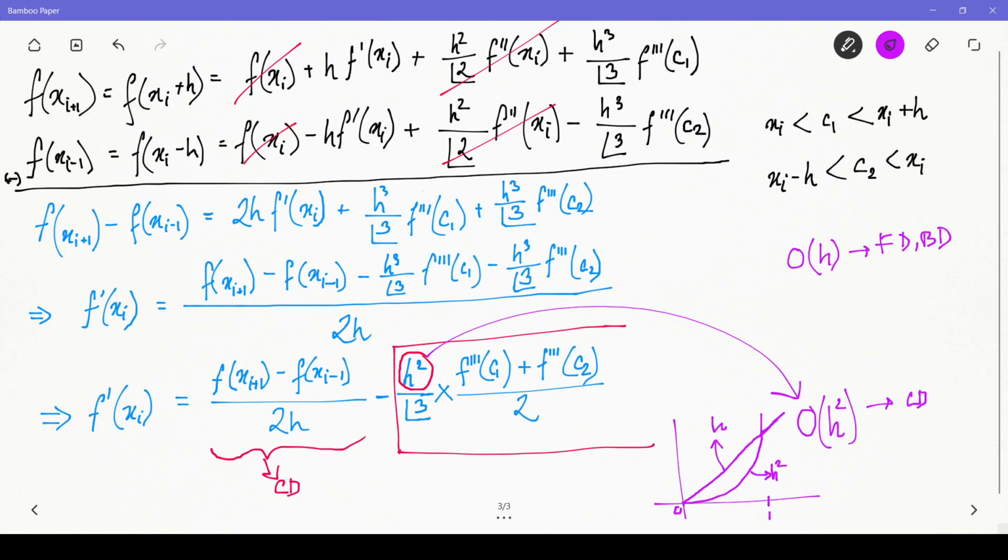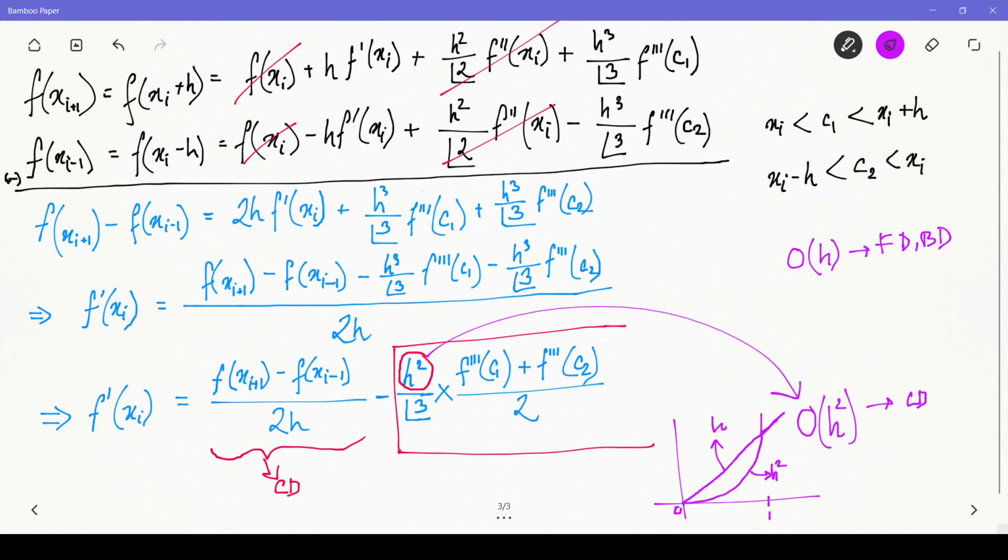For infinitesimally small values of h, we get a lesser error value for the central difference formula, as opposed to the forward and backward difference formulas, where we get a larger error. A larger error translates to a worse approximation, and a smaller error translates to a better approximation.